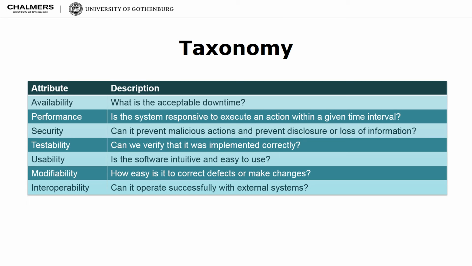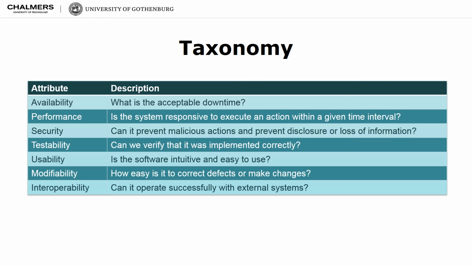Usability defines how well the system or the application meets the requirement of the end user. For instance, by being intuitive, easy to personalize, and resulting in an overall good user experience. Modifiability refers to how easy it is for developers to change the system.